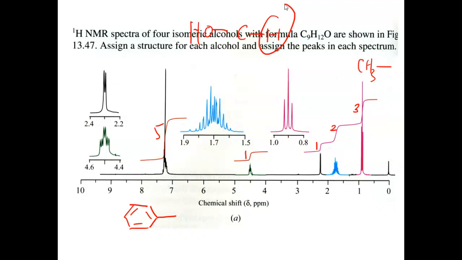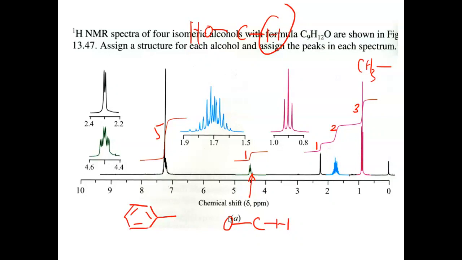So the CH proton next to the OH, that proton should be this one. This one, connected to O, okay?